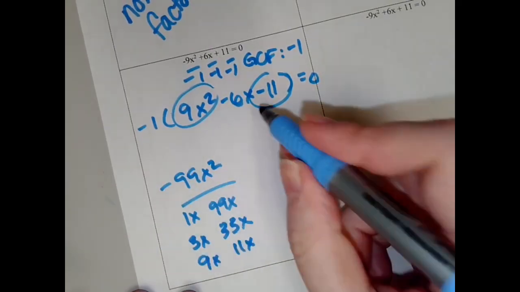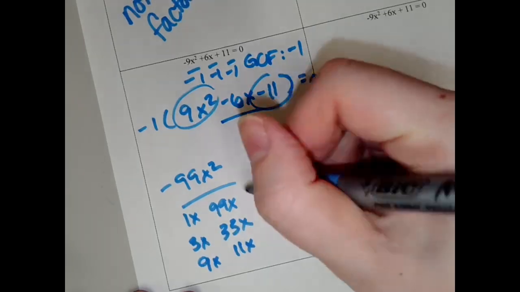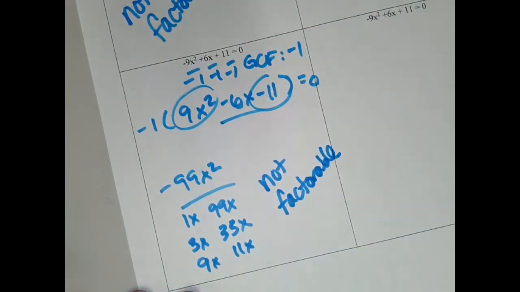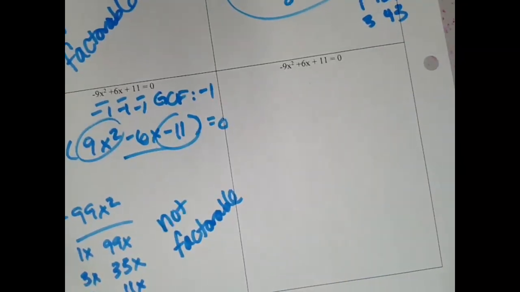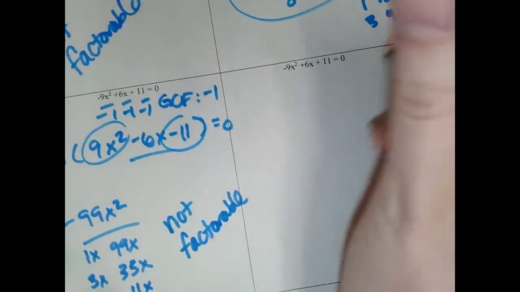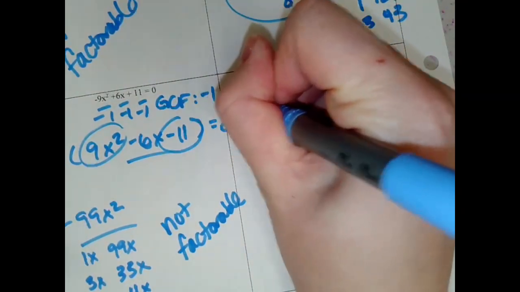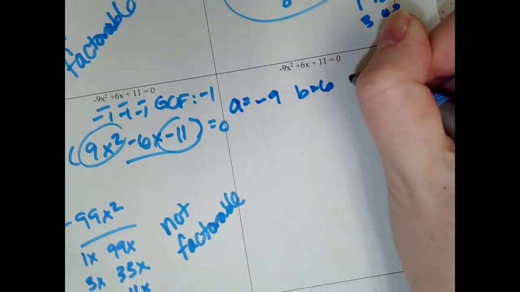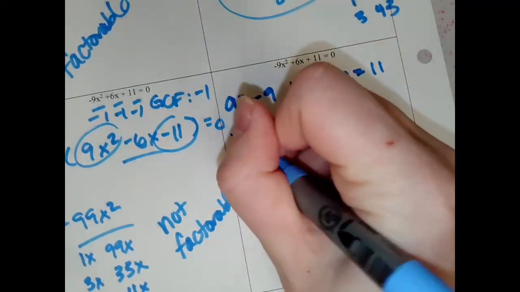Using different signs to add to 6, not possible. But again, just because it's not factorable doesn't mean it doesn't work. We're just going to have to do the quadratic formula. So it's okay. You don't have to pull out a GCF or anything like that. If you're just doing the quadratic formula, you just label a, b, and c and plug it right in. It's a plug and chug.